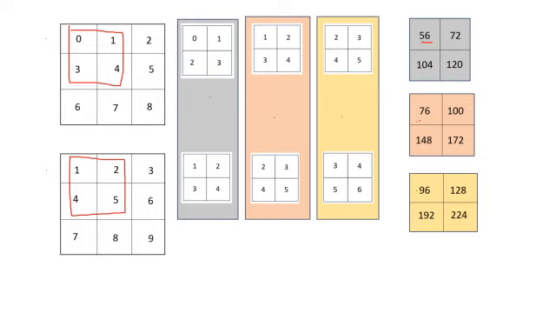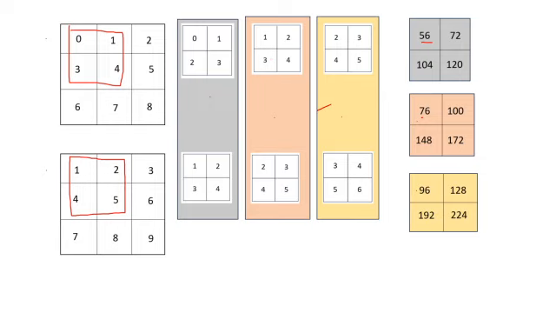Now coming to this one, forget about the others. For this particular output, the window remains the same, but you have a different kernel set acting on the image.